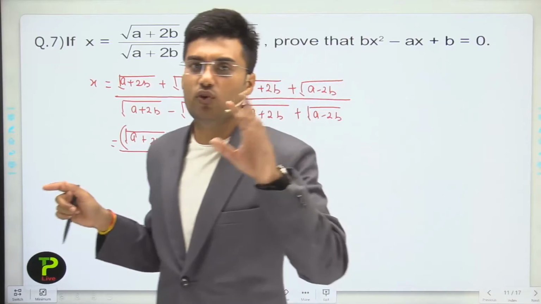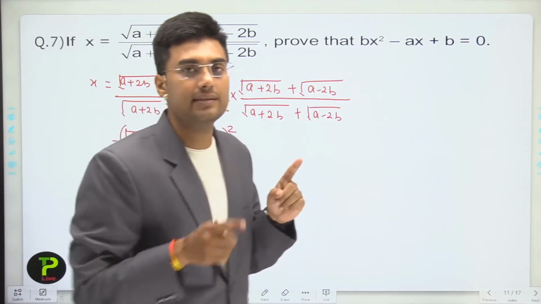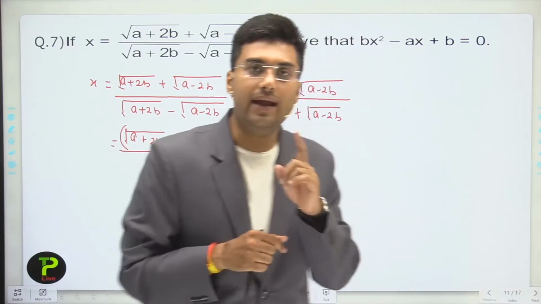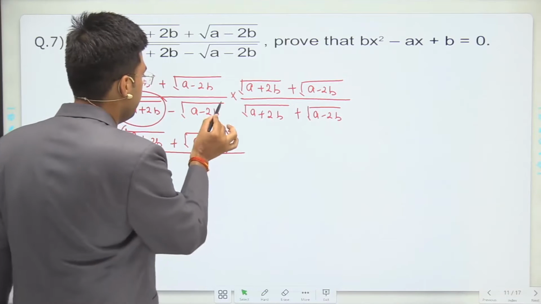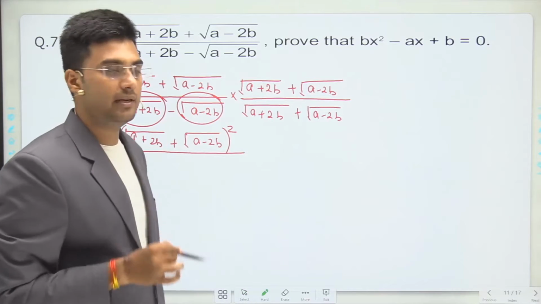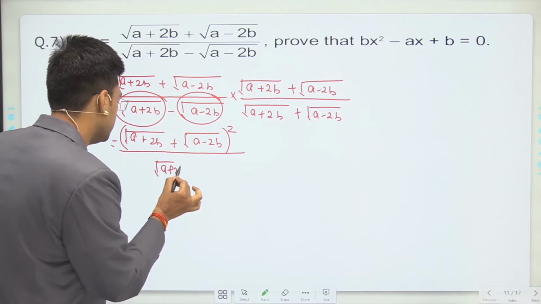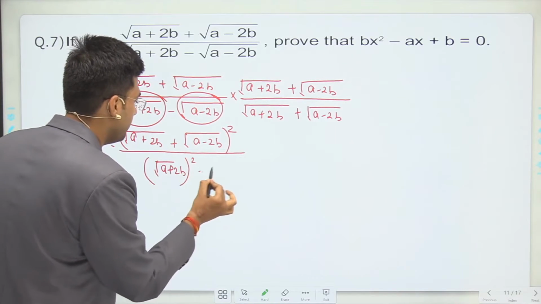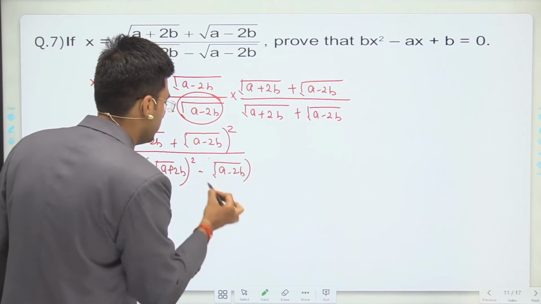So it is in the form of a plus b multiplied by a minus b. So we can write it as a square minus b square, and a is this complete term root a plus 2b, and b is the complete root a minus 2b. So we can write it as root a plus 2b whole square minus root a minus 2b whole square.